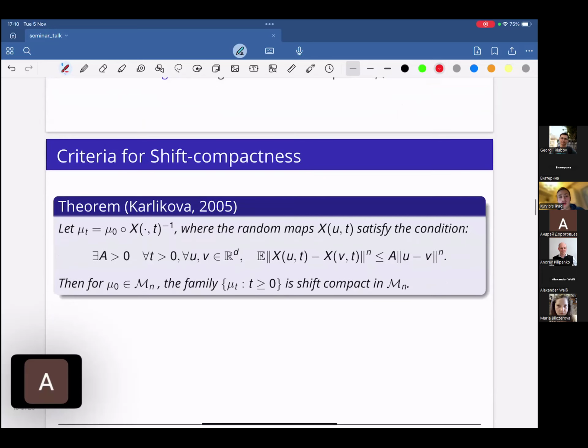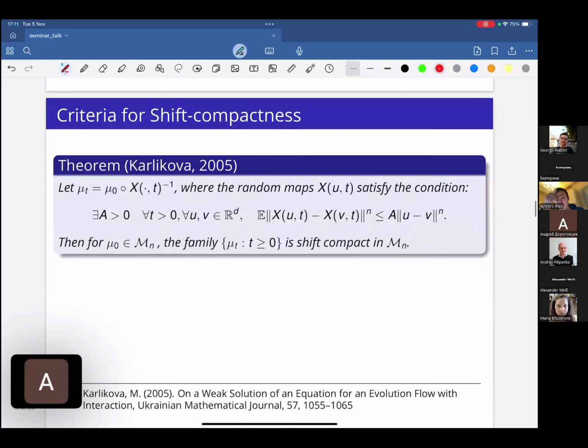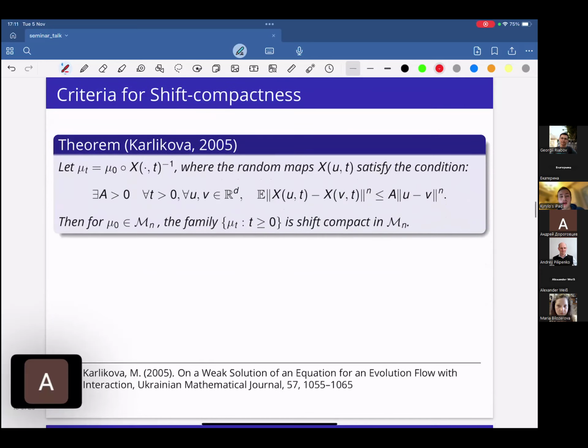With such a definition, there is a theorem by Karlikova, and she established the condition under which we can state that the set of mu-t is shift compact.